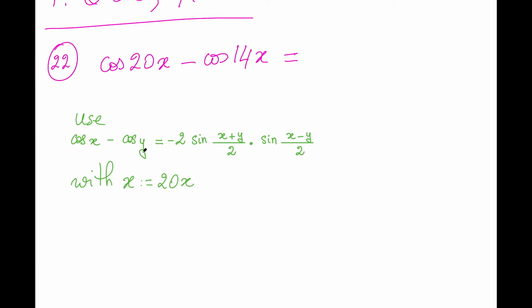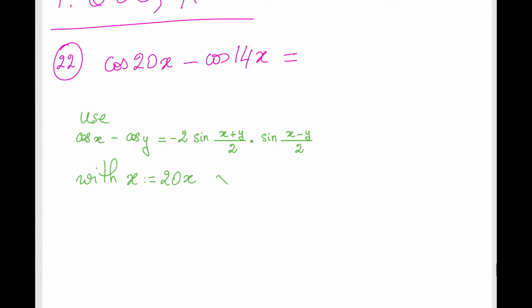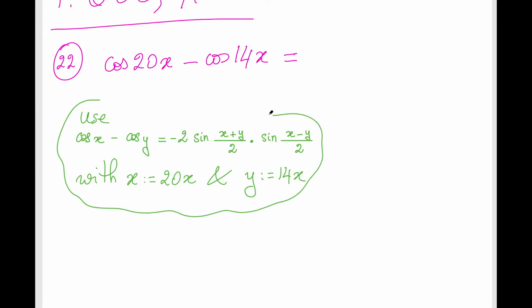And who's the y in my formula? Right, this is the recipe, this is the formula. Who's my y in the formula? It's the 14x in my context, right? So y is 14x in my context. So that's what I'm going to be needing here. And what do I get? Well, I get minus 2 times sine of x plus y over 2.